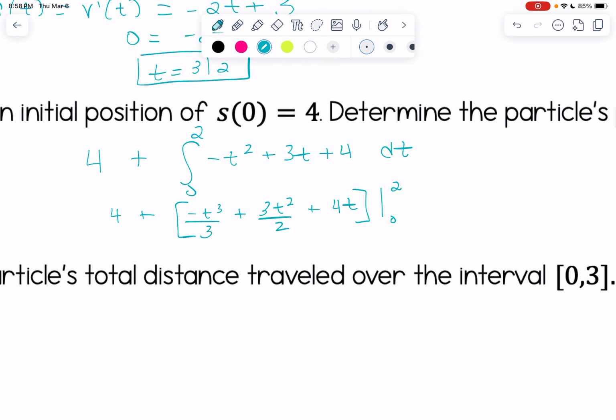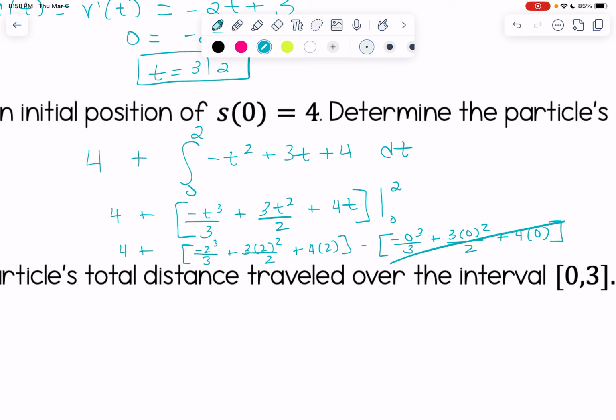Okay, that means that we are going to be plugging in 2 as our upper bound here. Then we'll be subtracting what we get when we plug in our lower bound of 0. And you can even see here that a lot of stuff essentially goes away, right? Because all of that is going to give me 0.